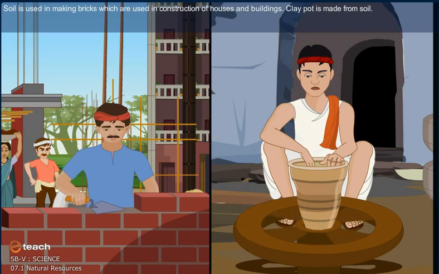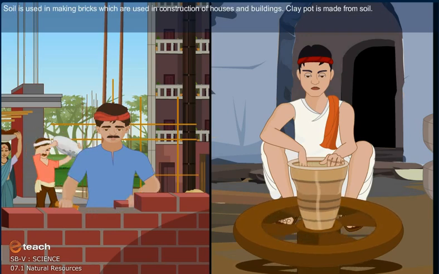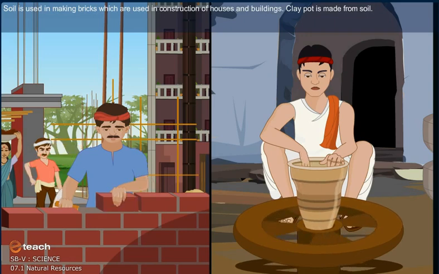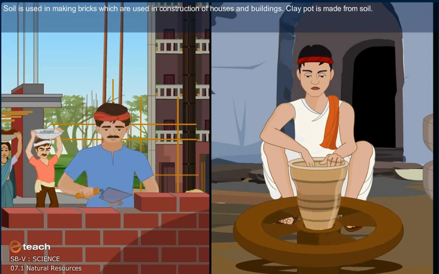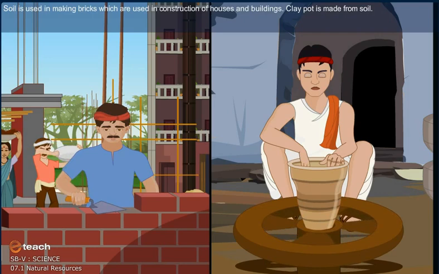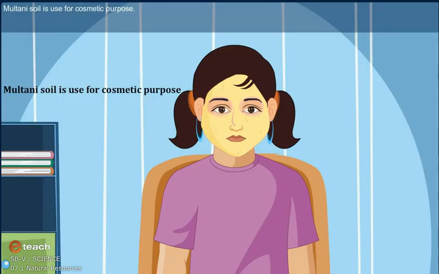Soil is used in making bricks, which are used in construction of houses and buildings. Clay pots are made from soil. Multani soil is used for cosmetic purposes.